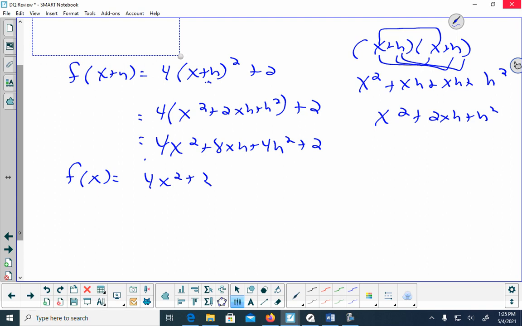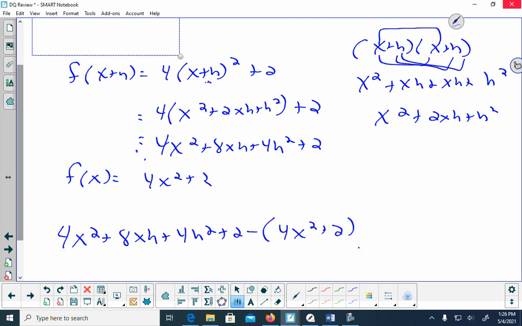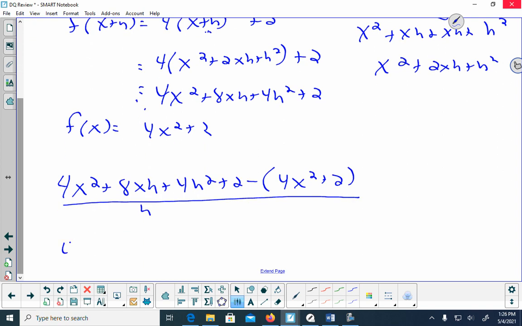So now I'm taking f of x plus h and subtracting f of x. This is all over h, distributing the negative sign.